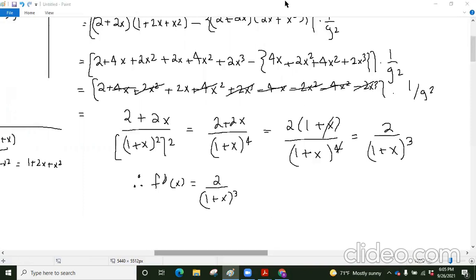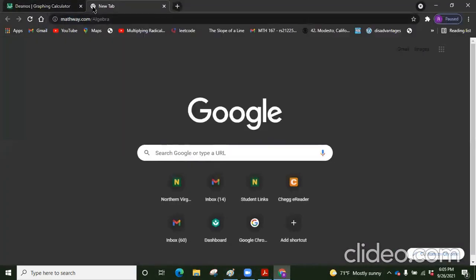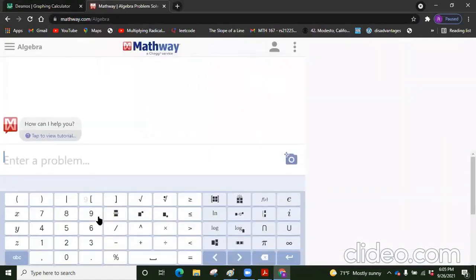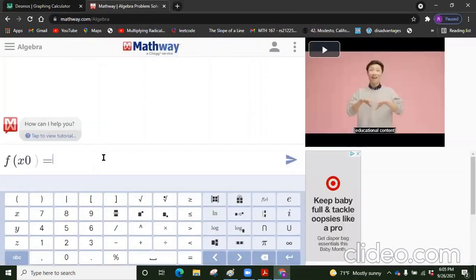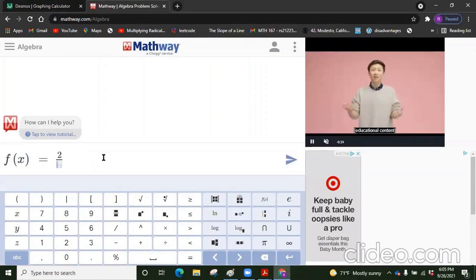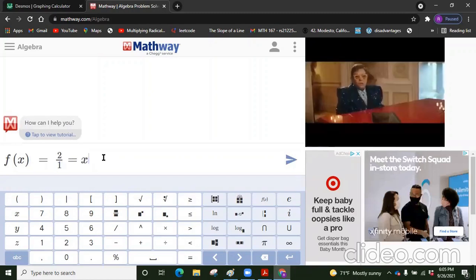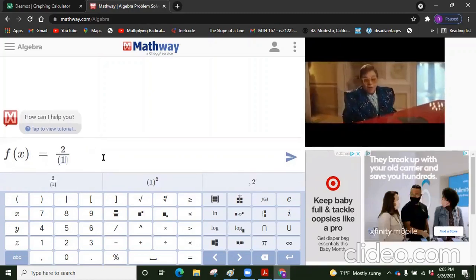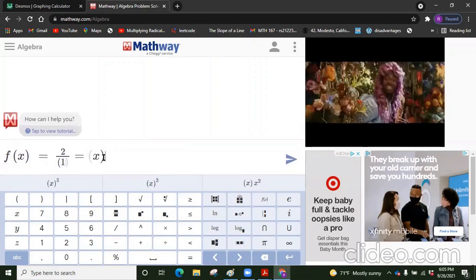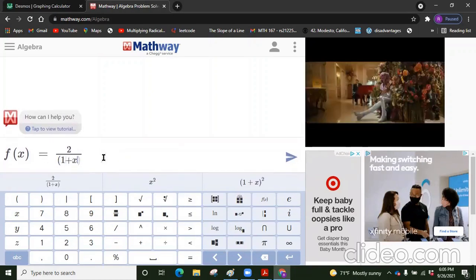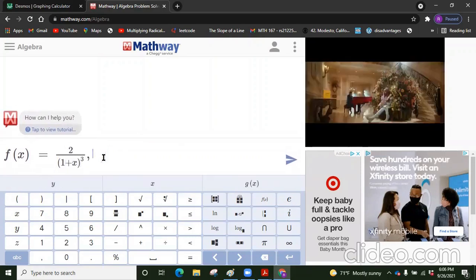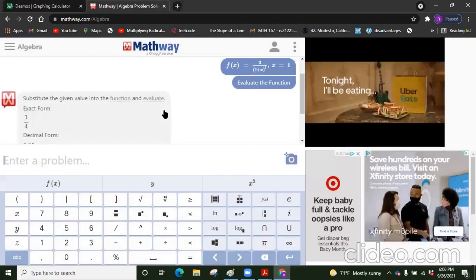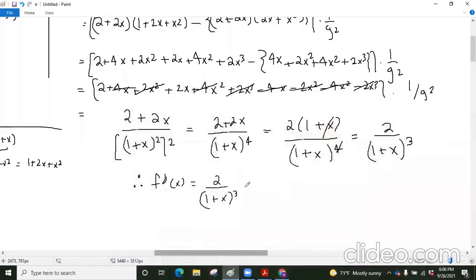And if you go to Mathway real quick, get it out of the way here, and say f of x is equal to 2 over 1 plus x cubed, and for x equals 1, evaluate the function, you get 1 over 4, which means that f prime prime of 1 is 1 over 4.